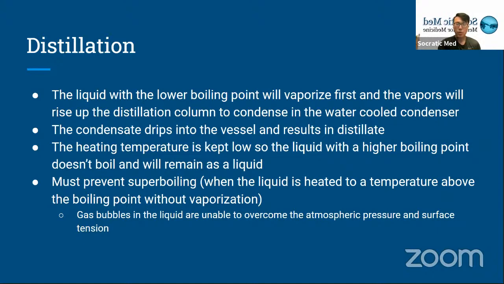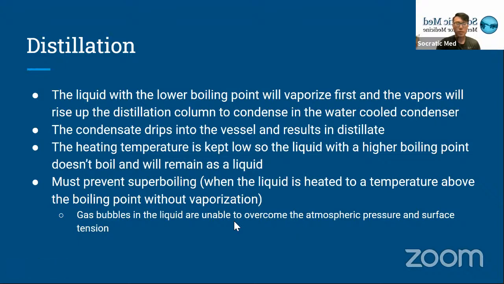Then as the temperature rises, it will stop boiling the first liquid because it will all have been boiled and dripped out as condensate, and the liquid left over in the distilling flask will be the other liquid with a higher boiling point that hasn't boiled yet, and will remain in the distilling flask until the temperature rises to that boiling point, and then it will come out as a condensate as well.